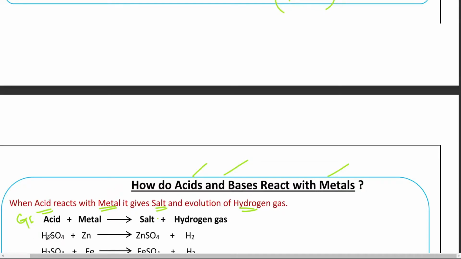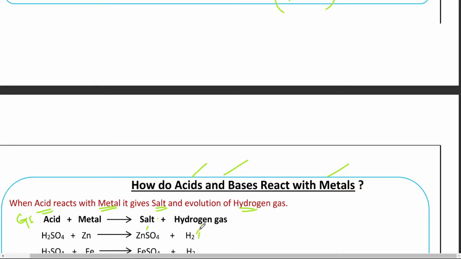For example, a common acid is H2SO4, that is our sulfuric acid, plus the metal zinc. Whenever the sulfuric acid comes in contact with zinc, we get ZnSO4, which is nothing but zinc sulfate, the salt, and hydrogen gas is evolved.